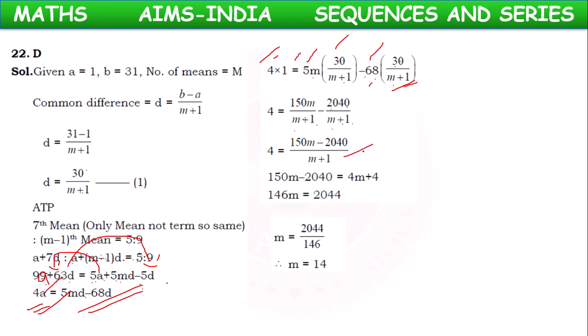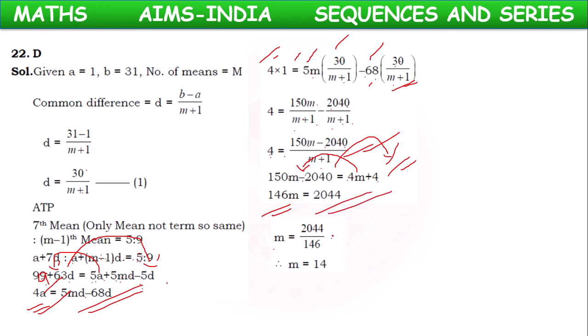M plus 1 is the LCM. 150m minus 2040. M plus 1 into 4, 4 into m, 4m, 4 into 1, 4. This we will get. This 4m will go towards the left hand side. 150m minus 4m equals 146m. Minus 2040 comes towards the right hand side, plus 2040 plus 4, 2044.